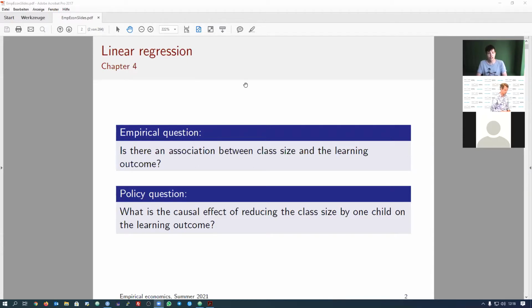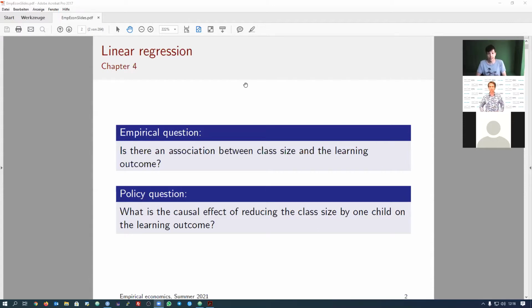Last week, we raised more or less the question: is there an association between the class size in the California school data set and the learning outcome? That would be the empirical question. Can we assess that? And if we can determine that there is a relation between these two variables, then it's an important policy question.